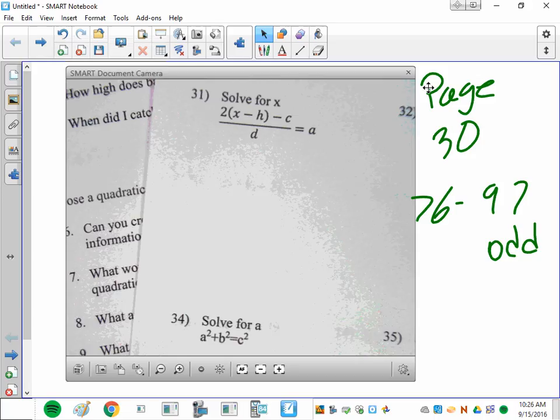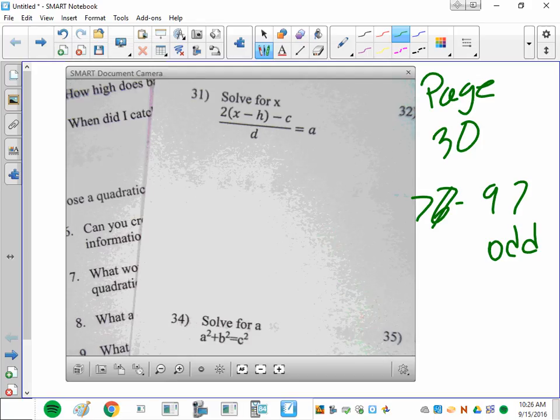Wait, maybe it is an odd. Let me look. Page 30, 76. Oh, but skip 83. There's a note that says skip number 83. So it should be 77 to 97, and then X is not allowed to be 83.